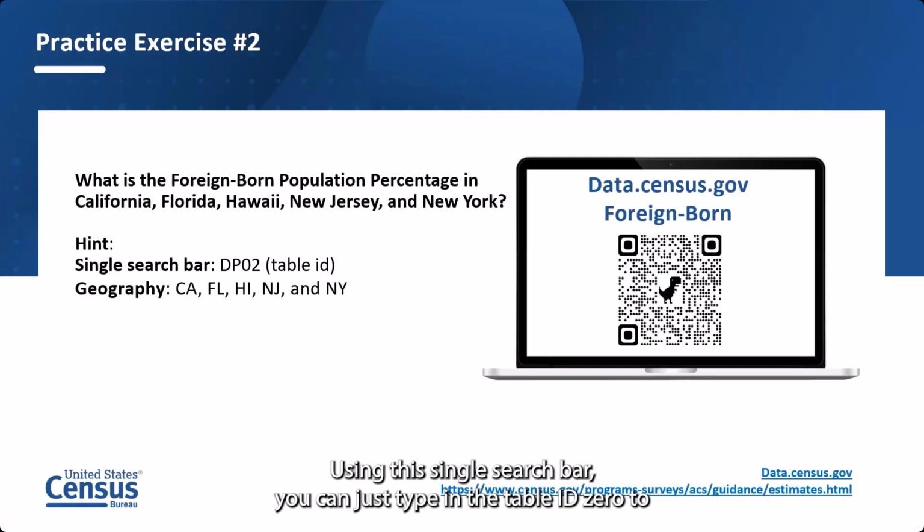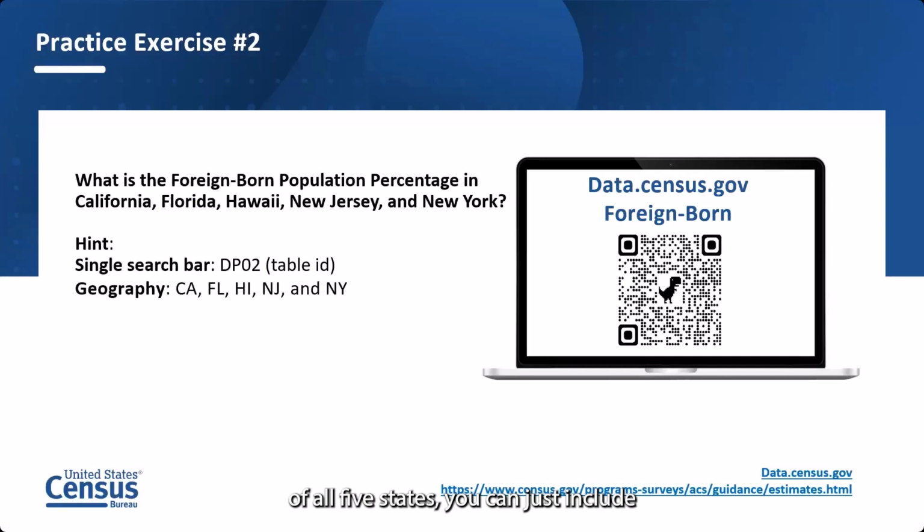Using the single search bar, you can just type in the table ID DP02. And instead of all 5 states, you can type in DP02 and look for the data for just New Jersey. DP02, New Jersey.